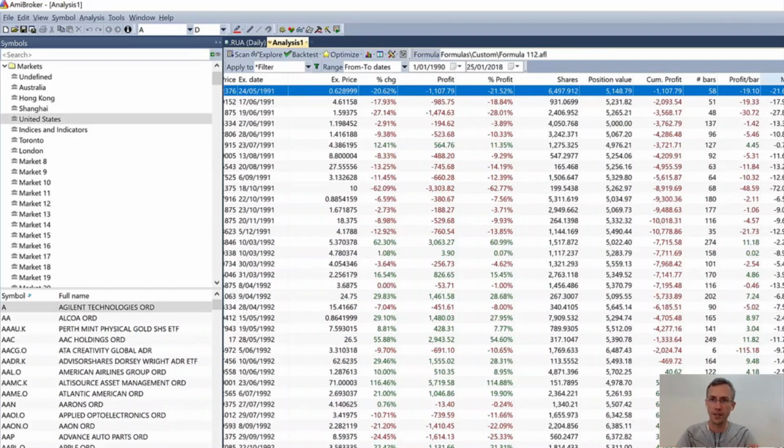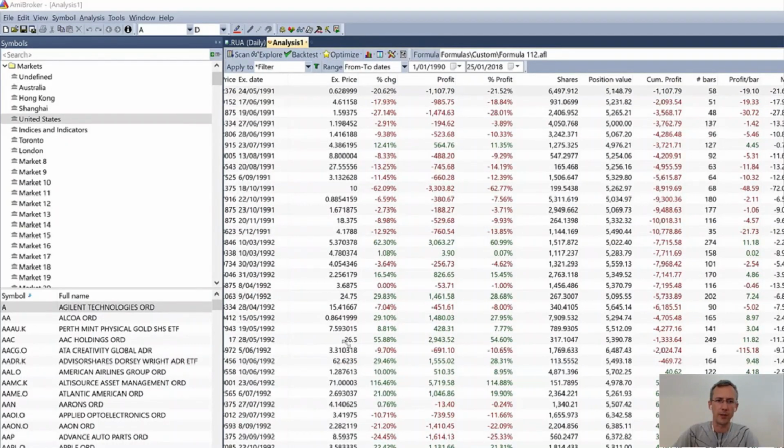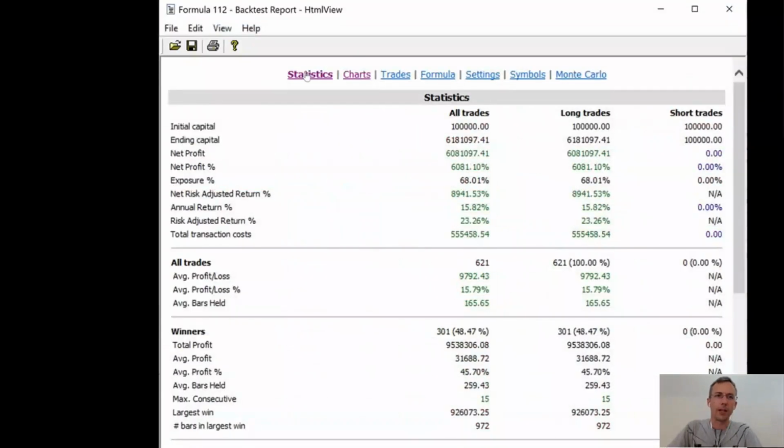So this is the trade database. The next thing you see when you run a normal backtest is the trade report. Now, can you see my trade report here? Okay, so this backtest report and the results you get when you do an optimization, the columns you get in optimization are very similar, almost identical.